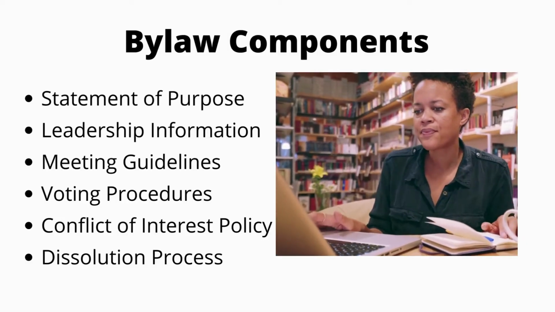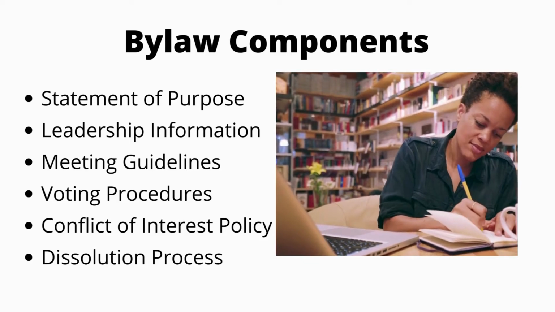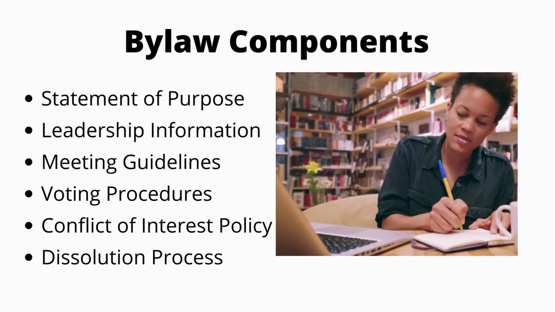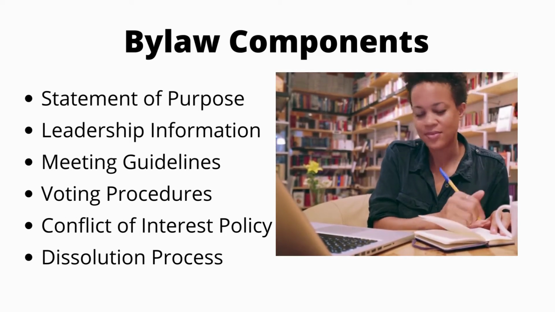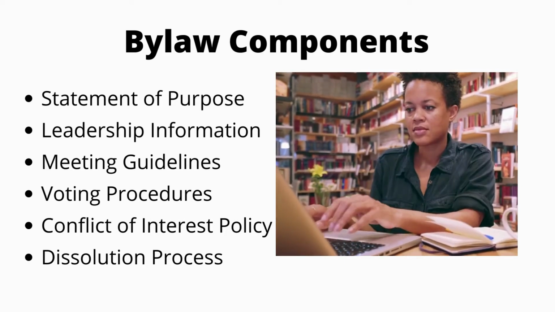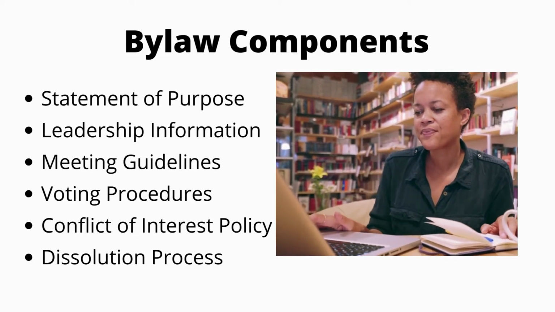Bylaws are generally going to include the following components: the statement of purpose, which explains why your organization exists; leadership information, which defines how many directors your nonprofit will have, how long their terms are, and the process for changing directors for any reason.